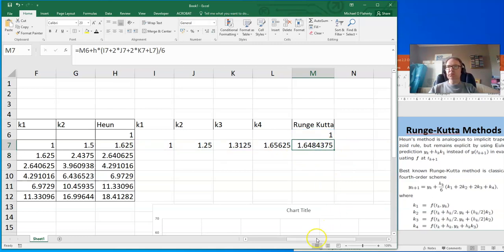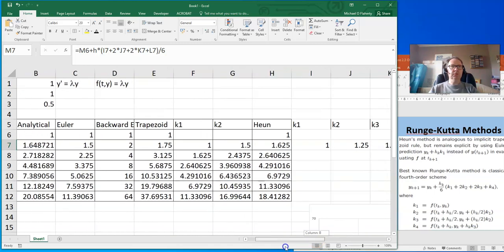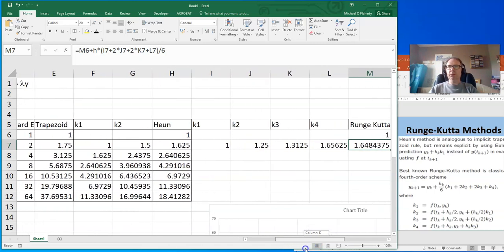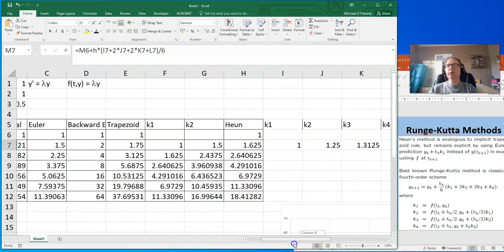It gives us 1.648, compared to 1.648 there. So that gives us a much better level of accuracy now compared to any of the previous methods.